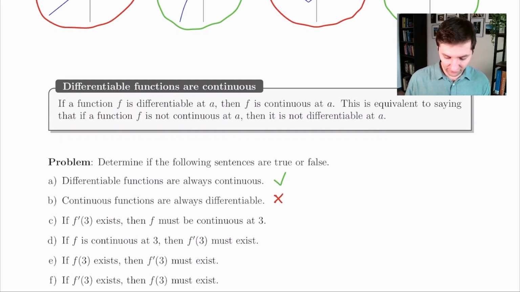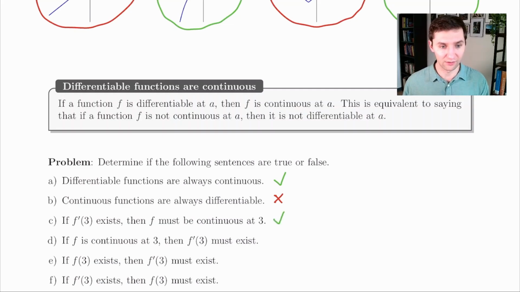If the derivative at 3 exists, does it mean that f is continuous at 3? I believe the answer is yes. If the derivative exists, that means that the function is differentiable there, and we know that differentiable means continuous. So this sentence is true.